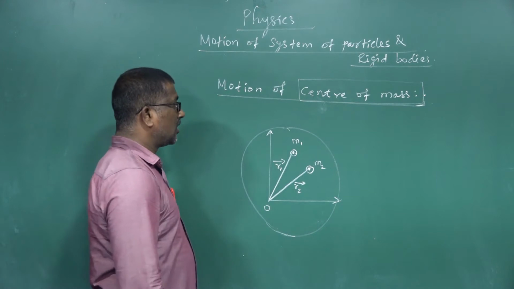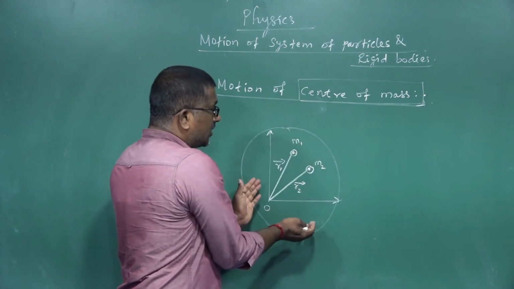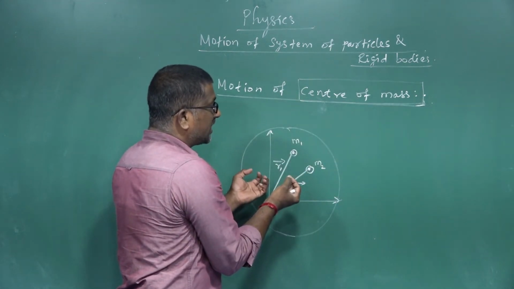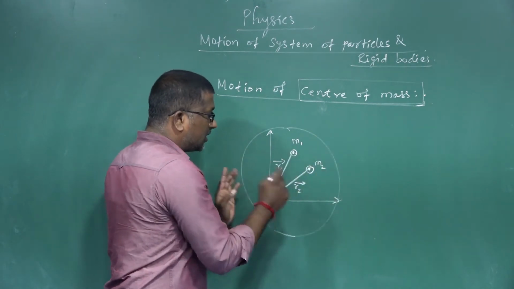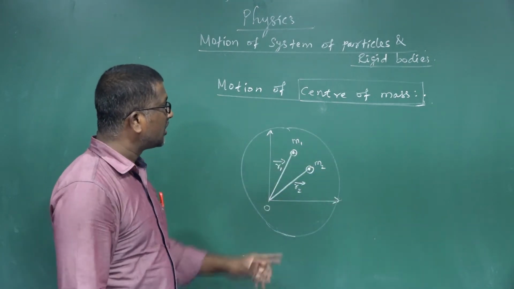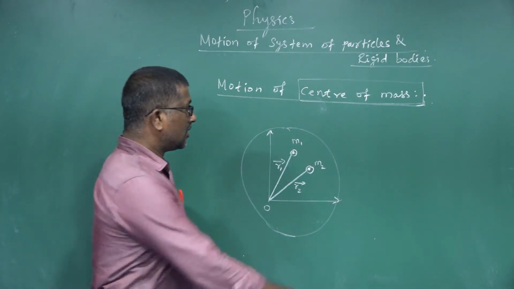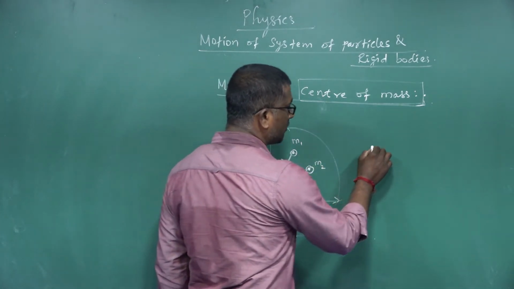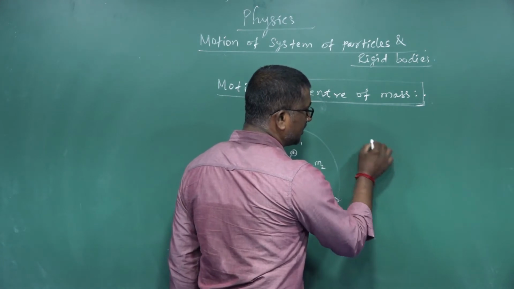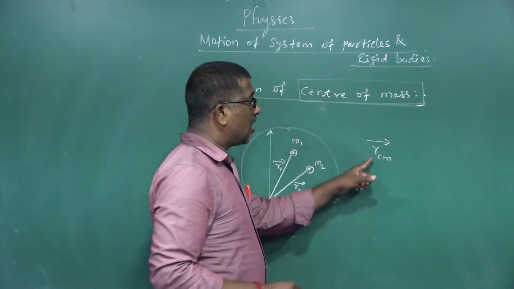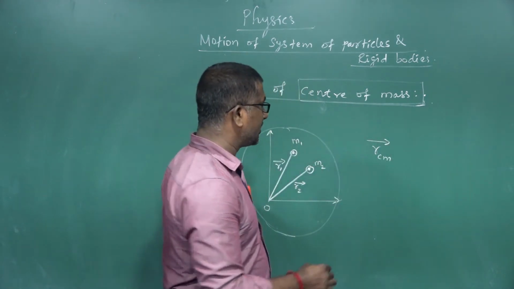Here, what is the position vector of the center of mass of the rigid body containing only two particles? The position vector of the center of mass is denoted by R_CM vector.